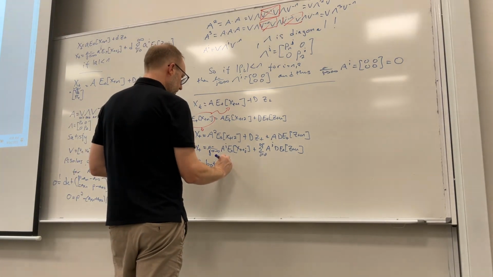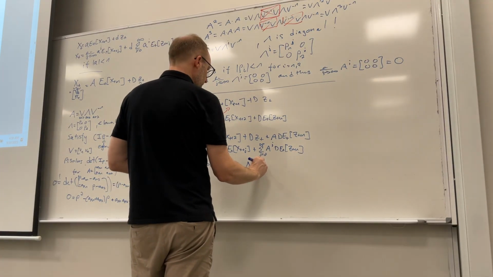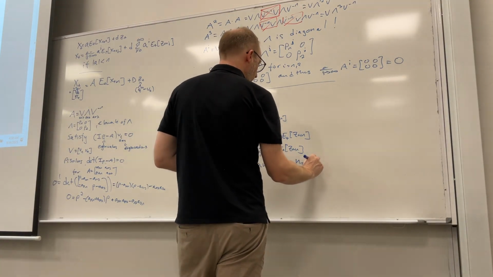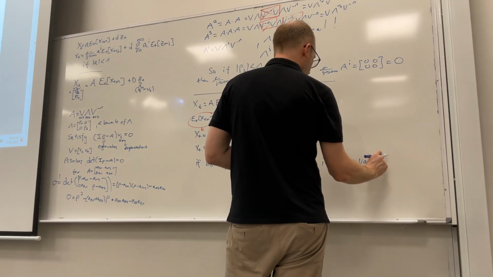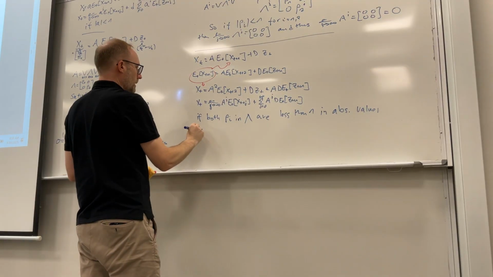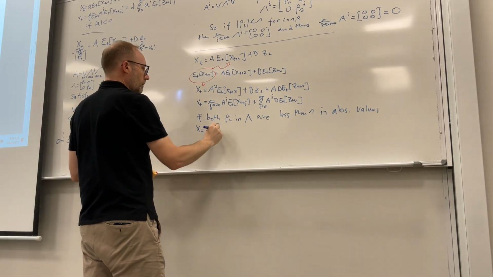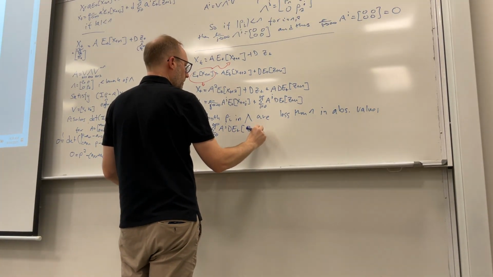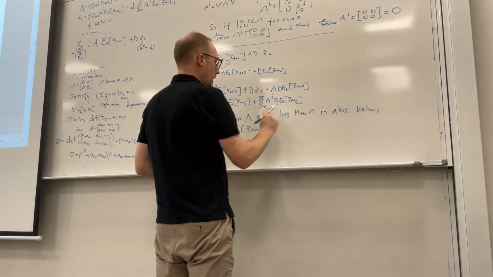Okay, if both rho i and lambda are less than 1 in absolute value, then xt equals the sum of A to the power of j times D Et z t plus j.